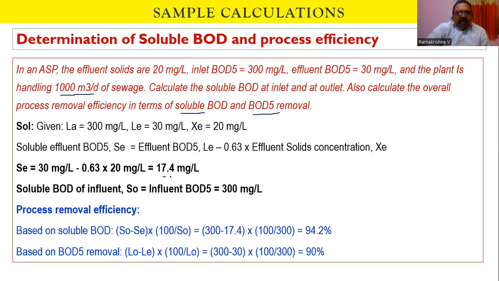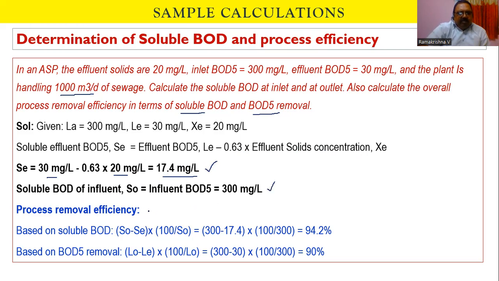Effluent BOD is 30 milligram per liter and effluent solids 20 milligram per liter. Using this equation, SE is equal to 17.4 milligrams per liter. As I mentioned, the soluble BOD of influent and influent BOD5 both are similar, so 300 milligrams per liter.